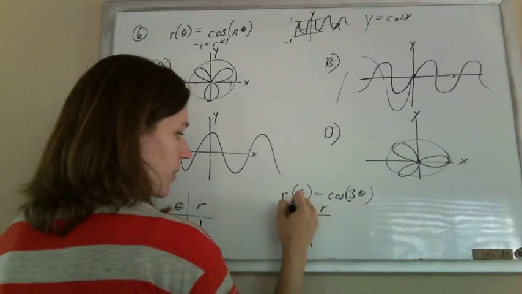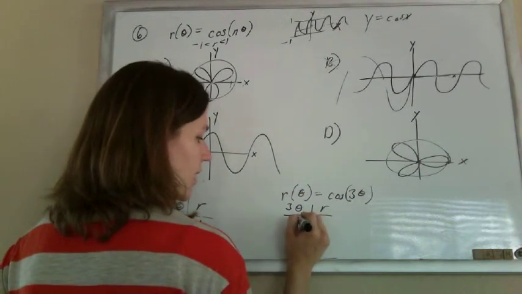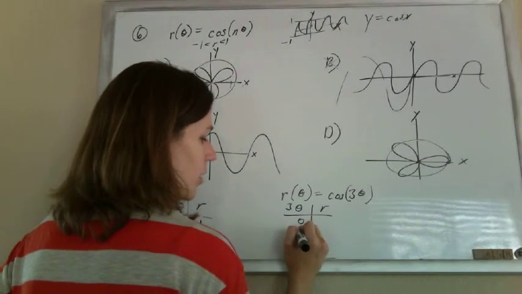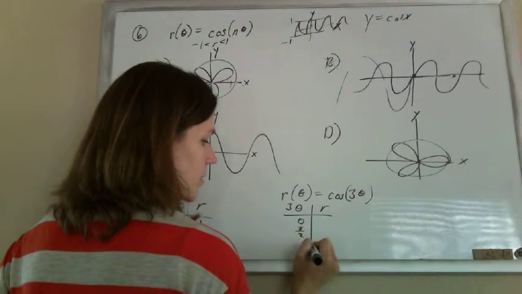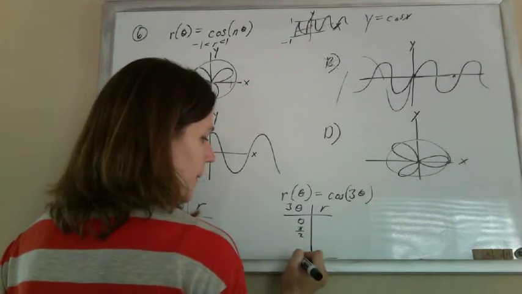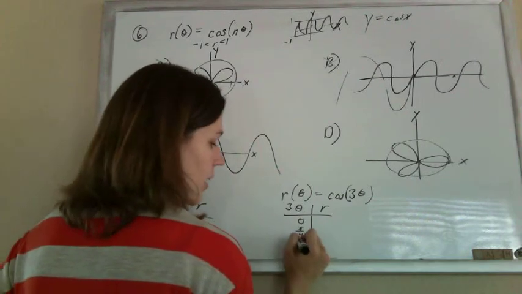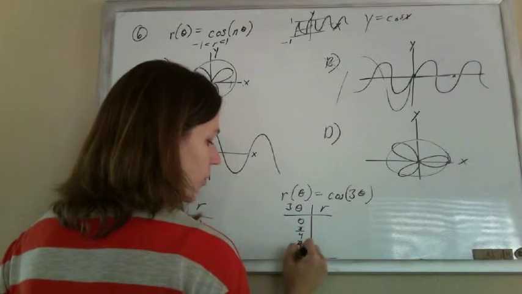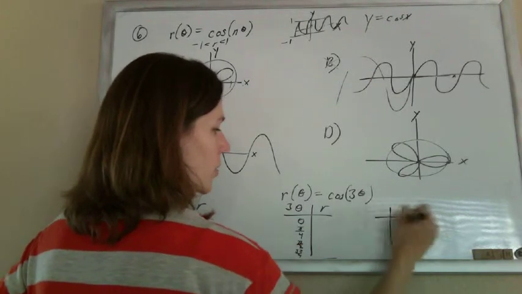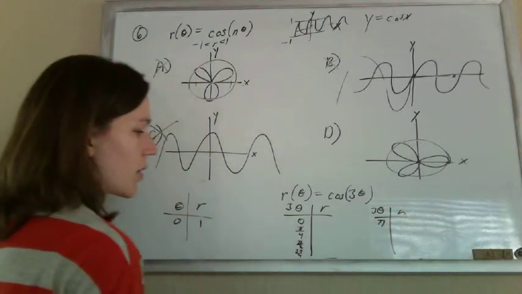So I would like 3 theta to be things that I know. And I know the cosine of 0. I know the cosine of pi halves. I can do better. I know the cosine of pi fourths. I know the cosine of pi halves. I know the cosine of 3 pi fourths. I know the cosine of pi, etc.